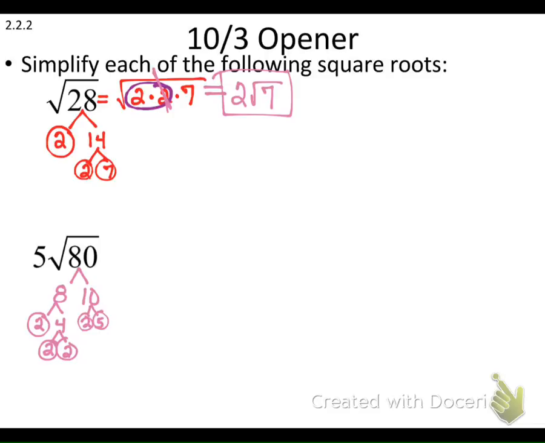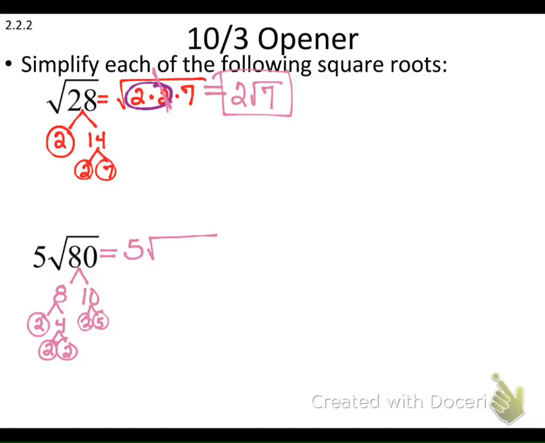Okay. So I went ahead and I factored my radicand. Now I'm going to come up to the right. I'm going to put my equal sign. Now this is where you need to pay attention to your coefficient. You're going to bring that 5 over and write it down as your coefficient. Then I'm going to write my square root, and then I'm going to put my prime factorizations as my radicand here.